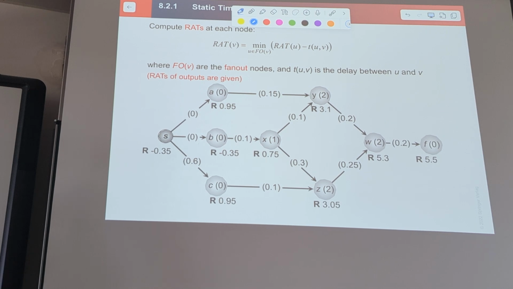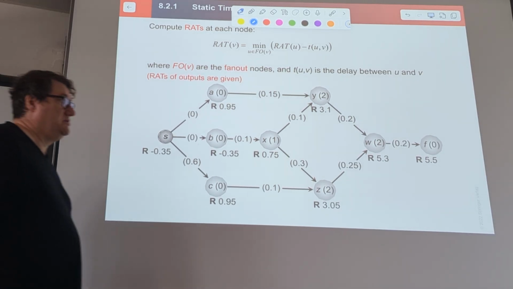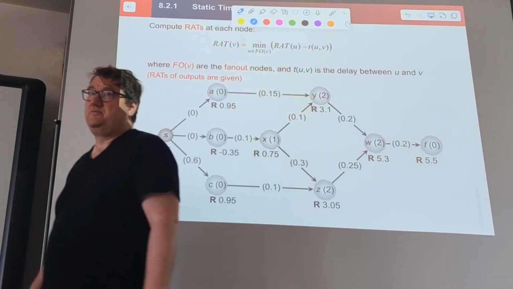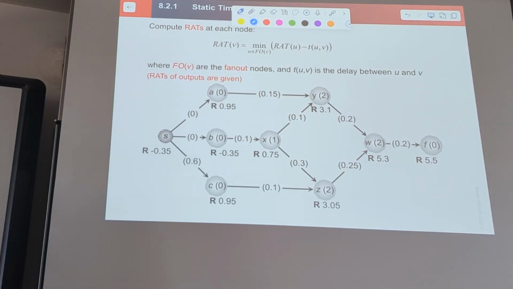And for that, you look at the fan-out of your design, and you reduce your time. So you must arrive at your required time, 5.5 nanoseconds after the clock edge.